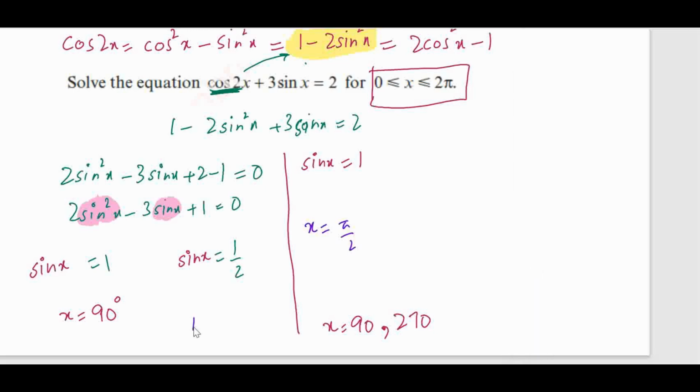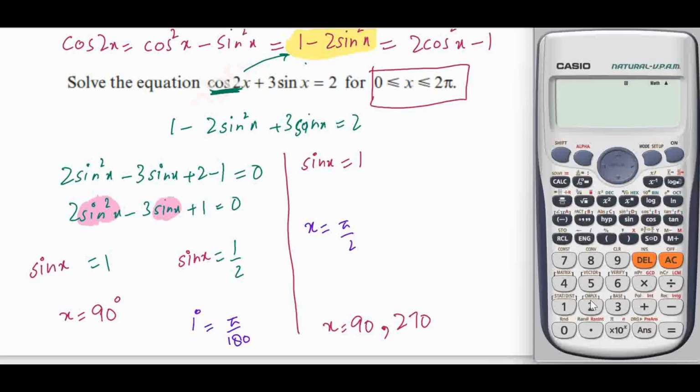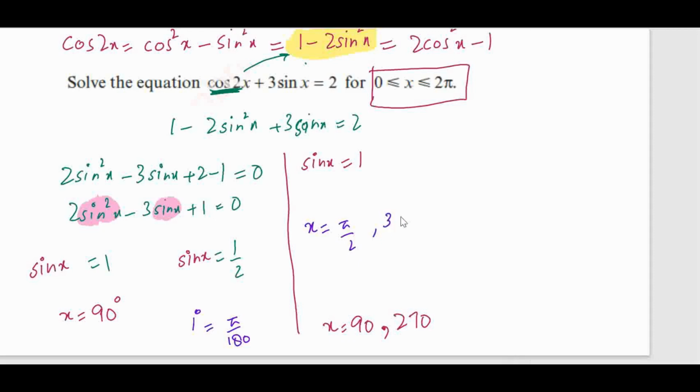We know that 1 degree is equal to pi by 180 radian. So 270 we have to divide by 180. 270 divided by 180 will be equal to 3 by 2 pi. So 3 pi by 2 will be the second answer.